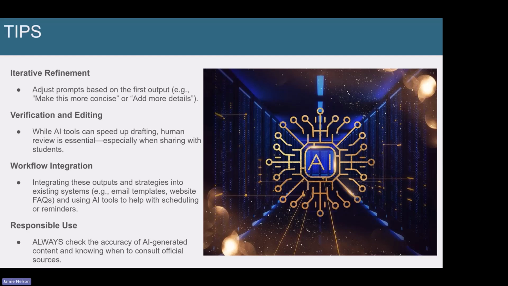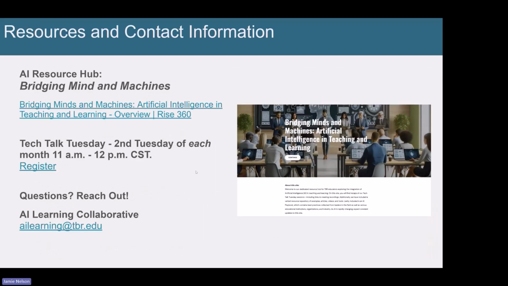Make sure that you're tracing back to those official sources. And if you're having students use these tools, make sure that they're always citing their sources and that they're applying their critical thinking skills in that regard. So those are our few tips for you.